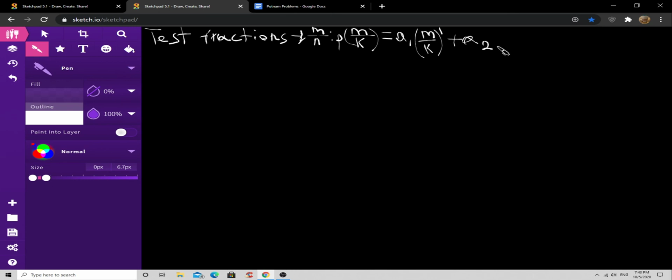Plus a2. So this is to the n. m k to the n minus 1 all the way to plus a, okay, technically it's plus an, so plus an minus 1 times mk plus, yeah, maybe I should have gone with this.